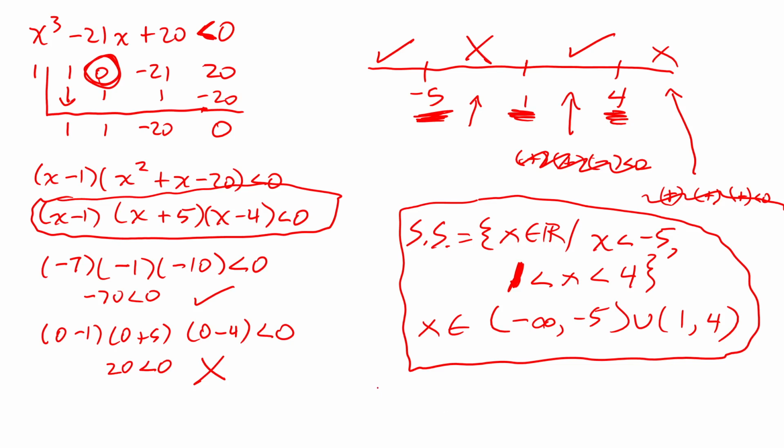Negative 5 minus 1 would be negative 6. Negative 5 plus 5 would be 0. Negative 5 minus 4 would be negative 9. And we would be testing if that's less than 0. Negative 6 times 0 times negative 9 is 0. So we'd be testing is 0 less than 0. 0 is not less than 0. So that tells us we should not include negative 5 in our solution set, and we didn't.